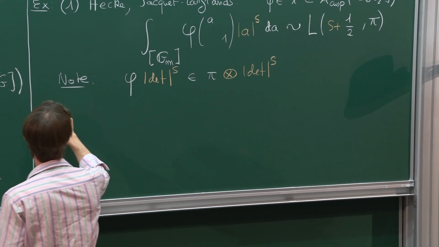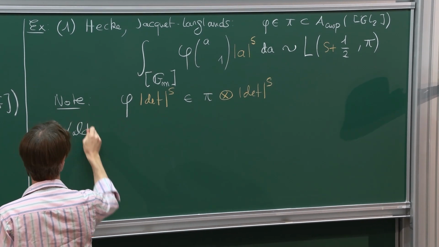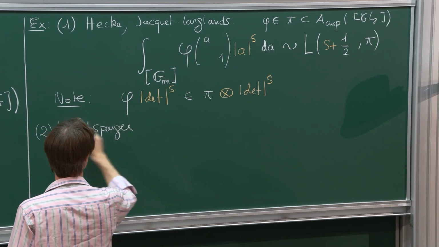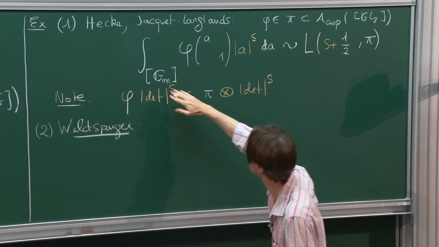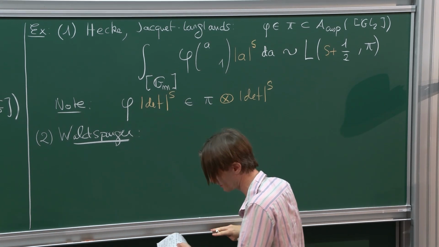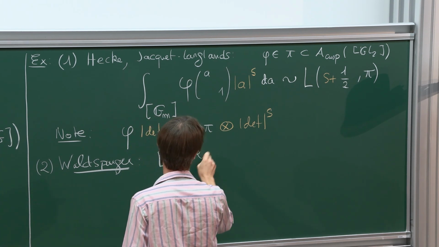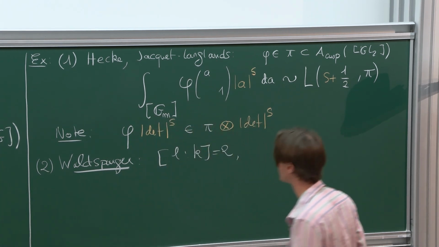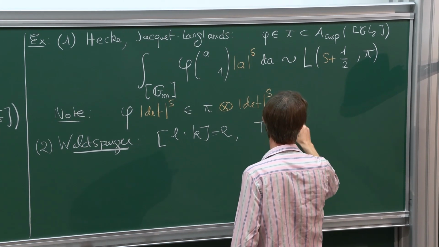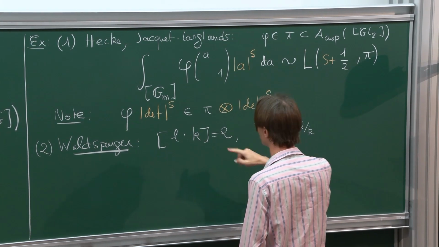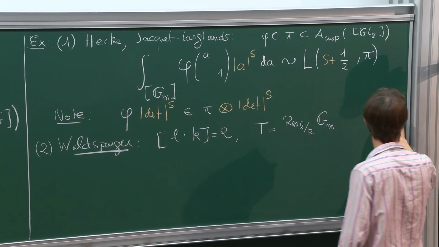A second well-known, very famous example is due to Waldspurger. It's kind of similar to the previous one, except that we replace the torus by another maximal torus. More precisely, let me take L to be a quadratic extension of K. Associated to this L, we can construct an elliptic maximal torus, which is just the multiplicative group over L. This is a maximal torus in GL2.